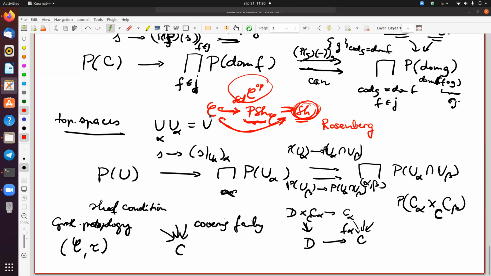For example, manifolds are more general than open sets in Rn. Schemes are more general than affine schemes. And you can do this also by sheaf construction.